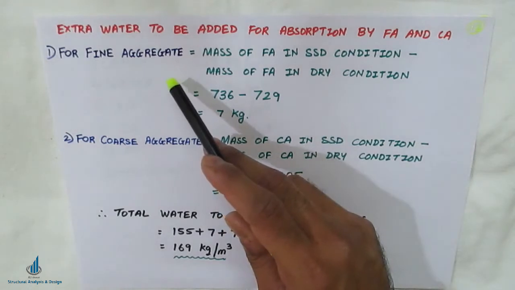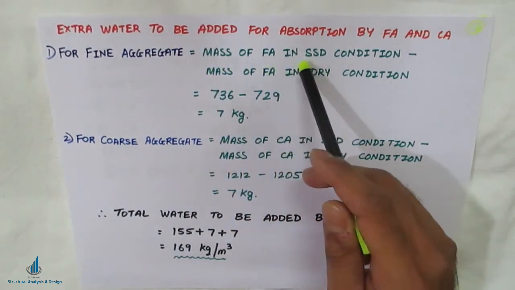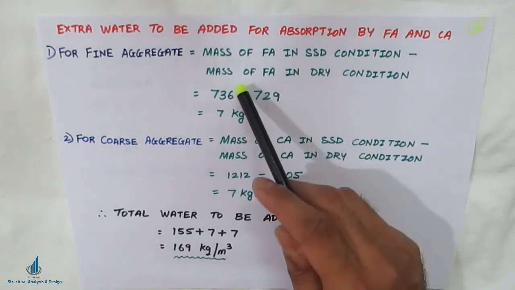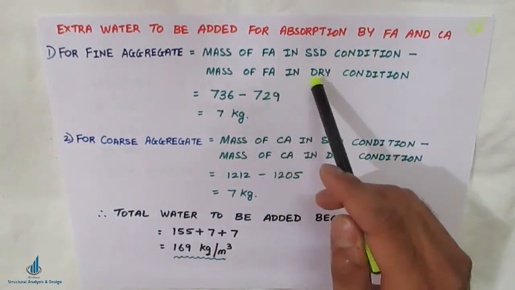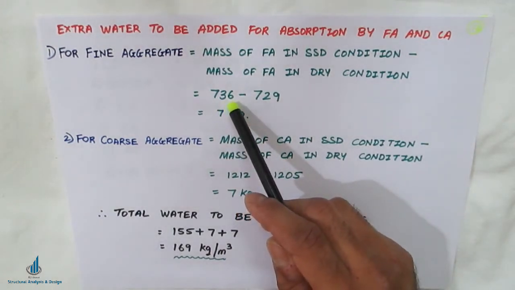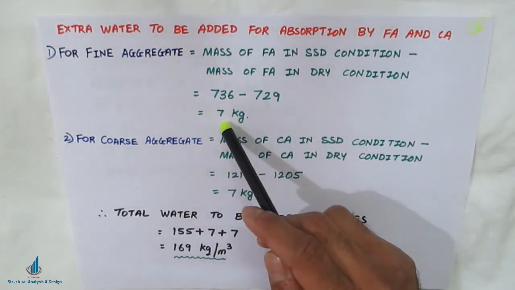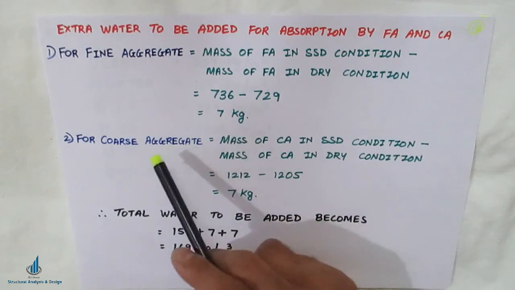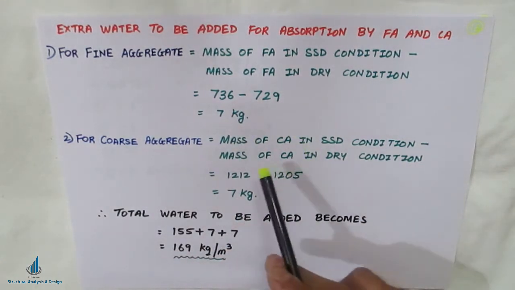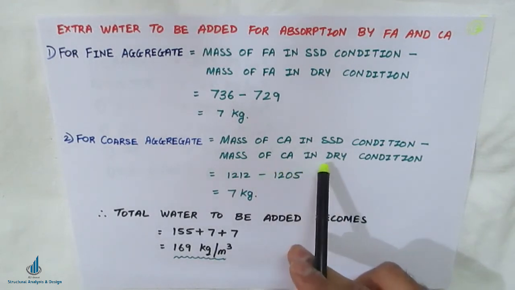For fine aggregates, it equals the mass of fine aggregates in SSD condition minus the mass of fine aggregates in dry condition. So 736 was the mass of fine aggregates in SSD condition and 729 is in dry condition. If you subtract this, you will get 7 kg. For coarse aggregates, again, the mass of coarse aggregates in SSD condition minus the mass of coarse aggregates in dry condition.